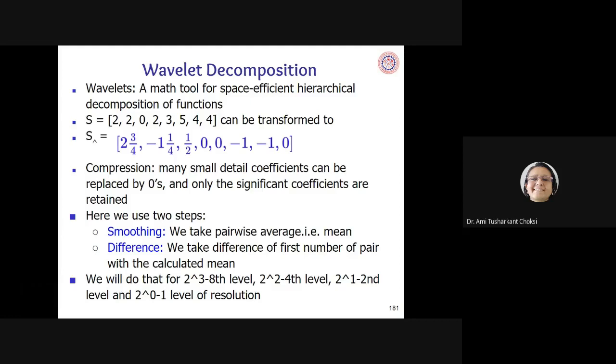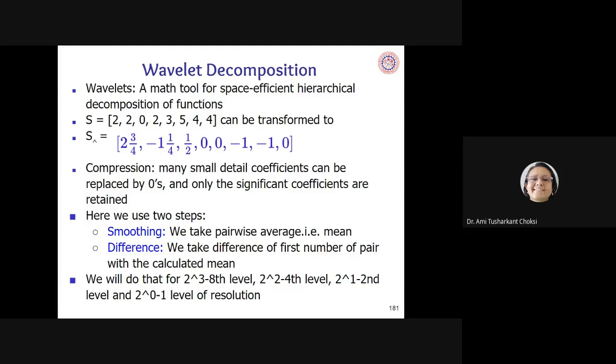We'll do that for 2 raised to 3, that is the 8th level, 2 raised to 2, the 4th level, 2 raised to 1, the 2nd level, and 2 raised to 0, that is 1 level, the first level of resolution. Fine.